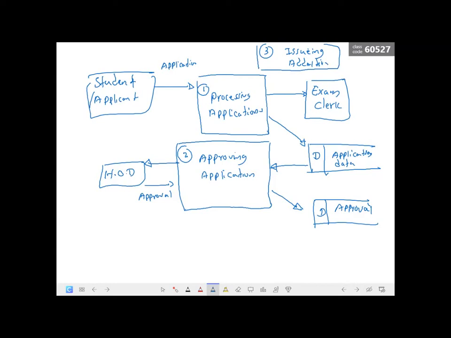Exam clerk. මේ exam clerk මේක කරන්න නම්, right, මේ approval කියන data store එකෙන් ඒ approve කරපු data ටික යන්න ඕනේ මේ process එකට, issuing admission එකට. Right. එතකොට මේ exam clerk මේ ටික use කරලා තමයි admission issue කරන්නේ. හරි.